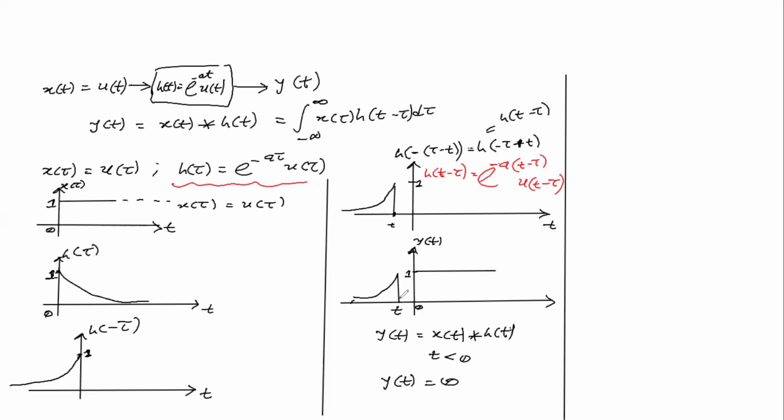Now, what if we move the impulse response into the positive plane of this time scale? So it means that t will now be evaluated at some value other than 0. What I'm trying to say is that now I want to assume that t has shifted to, say, this point, for instance. So it means we are going to have something like this, right?